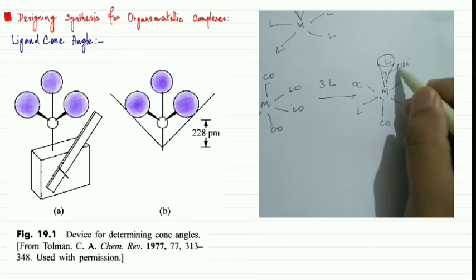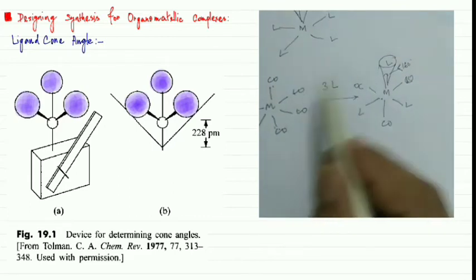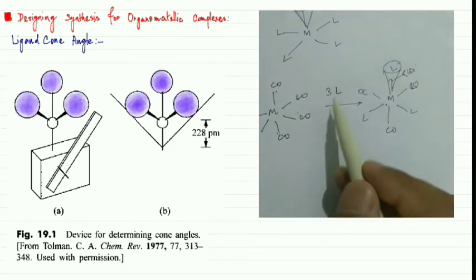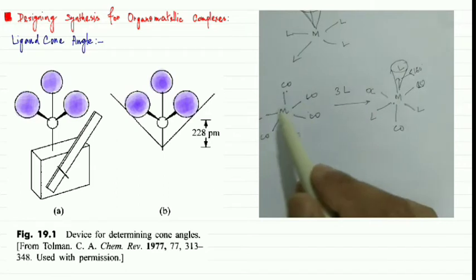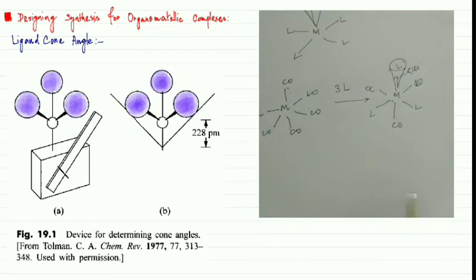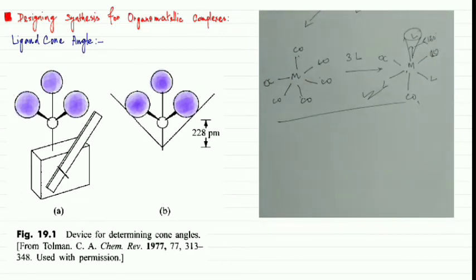If it is less than 160 degrees, then that ligand, it may be phosphine or anything, can replace the carbonyl ligand. So this is the concept. Understand?